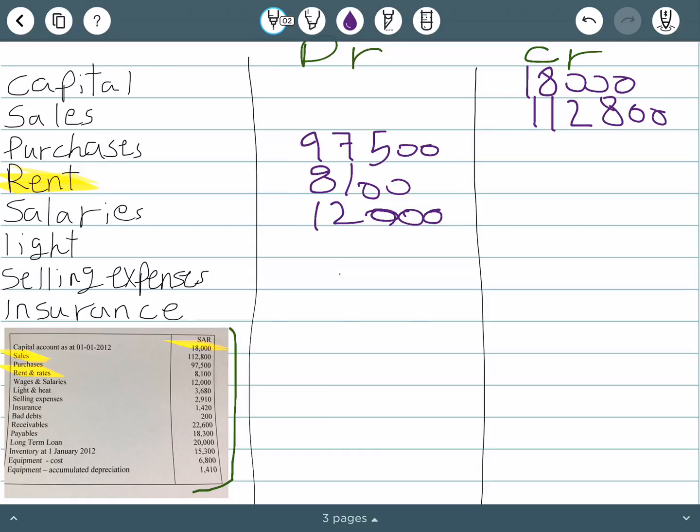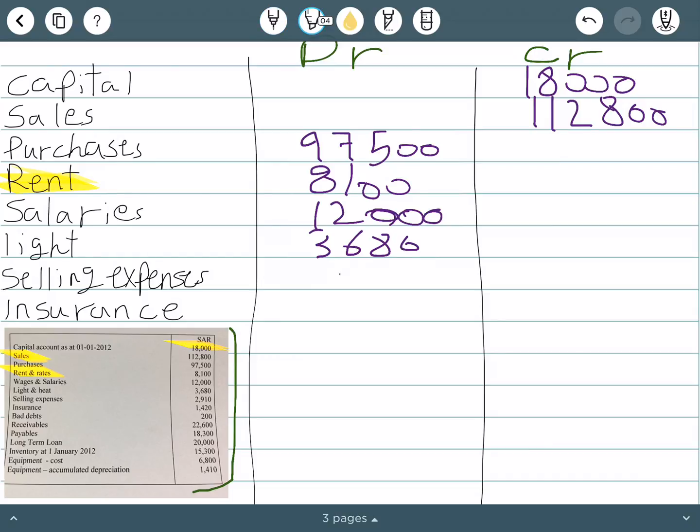Light and heat is also an expense, so it is 3,680.